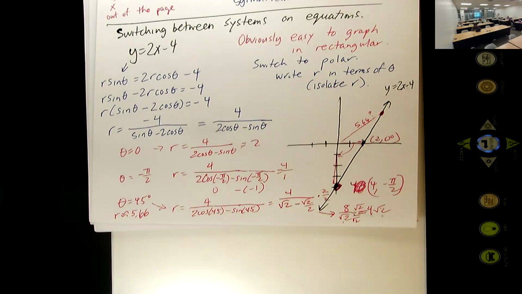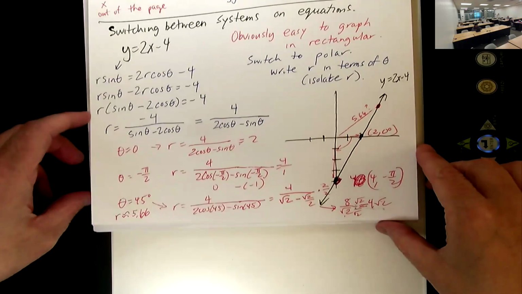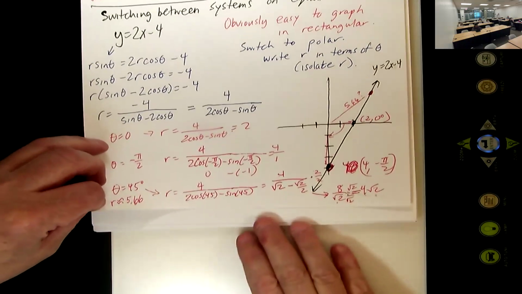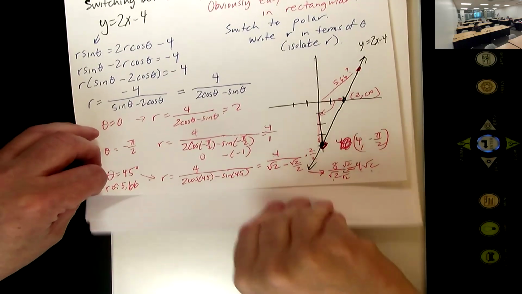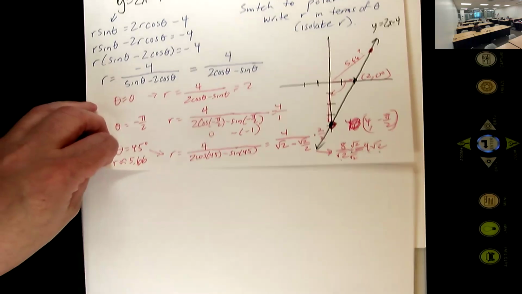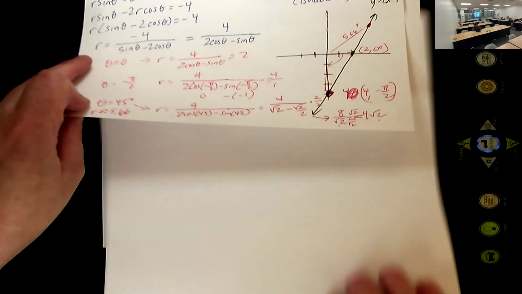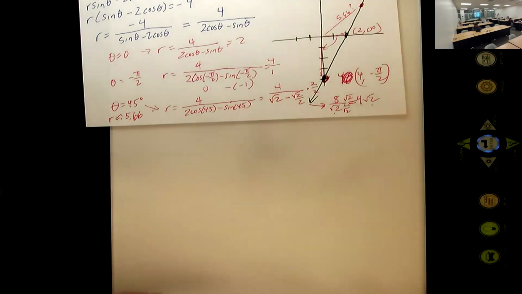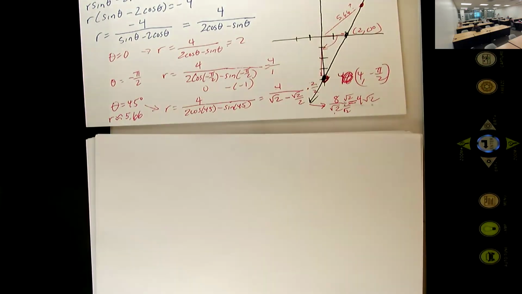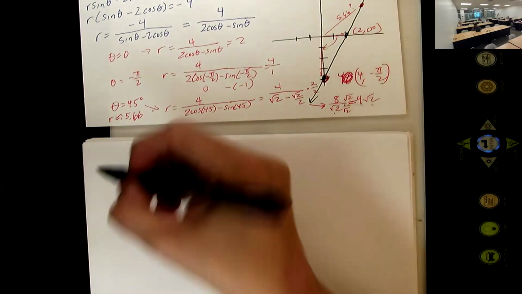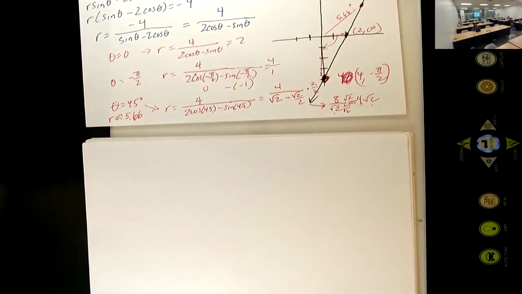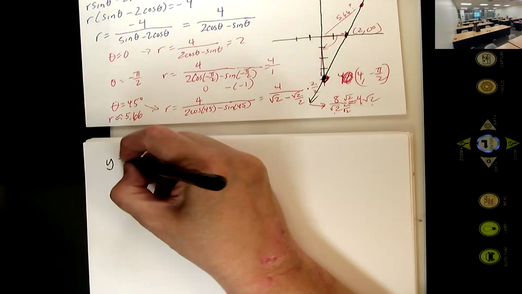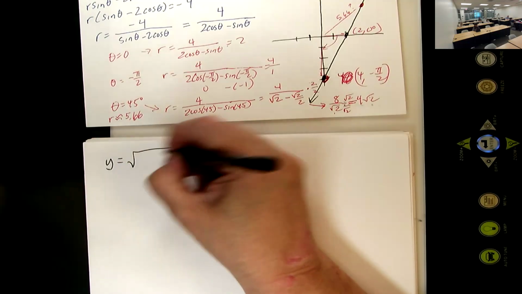Other ones aren't. Let's take a look at y equals the square root of 9 minus x squared.